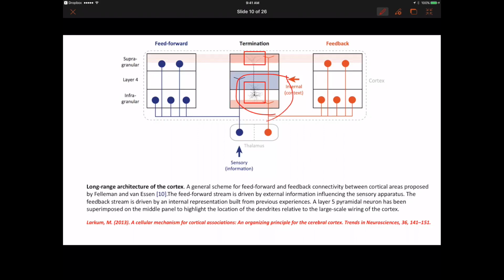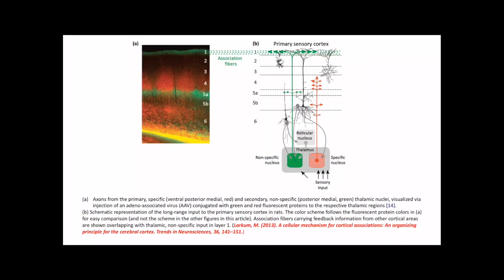The cell body is in layer 5, but the terminal dendrites are in the supragranular layer 1. And the signal coming in is processed in two different ways. Namely, there is a feed-forward system going in here, and there is a feedback system coming here, which is the error correction term that is applied to the sensory signal.